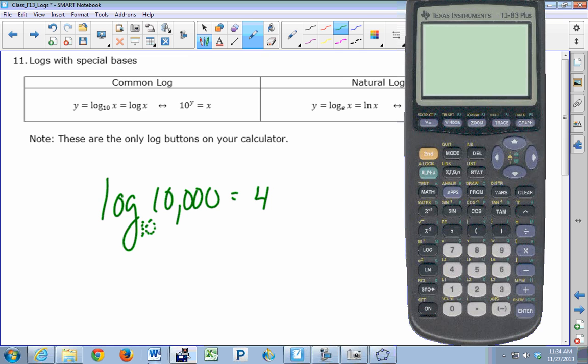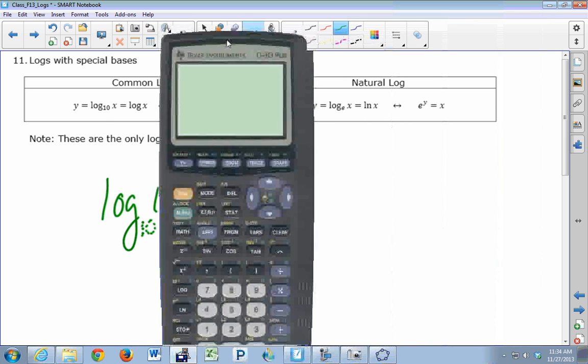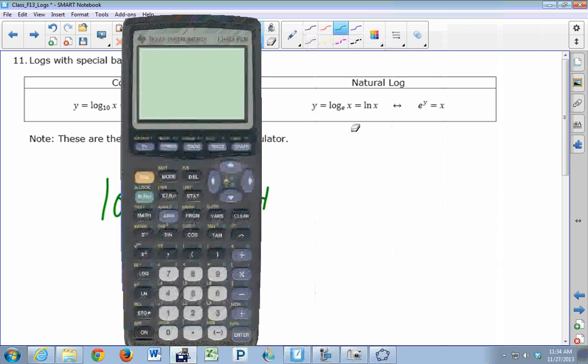Okay. Similarly, if you recall when we did e to the x in Monday's lecture, we said e to the x was called the natural exponential function. So when you have log base e, it's called the natural log. So they use this notation right here, ln, to represent natural log, which means your base is e.